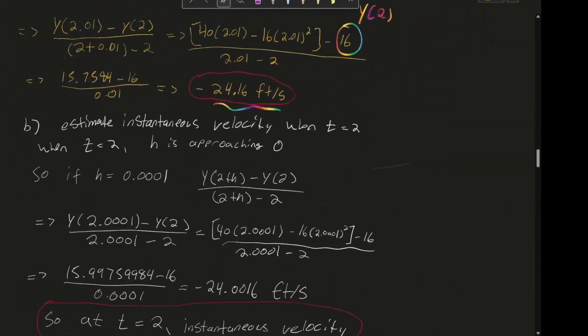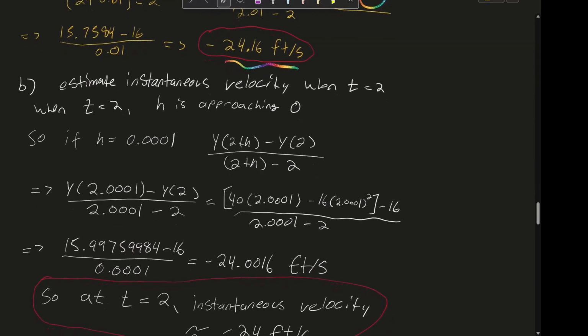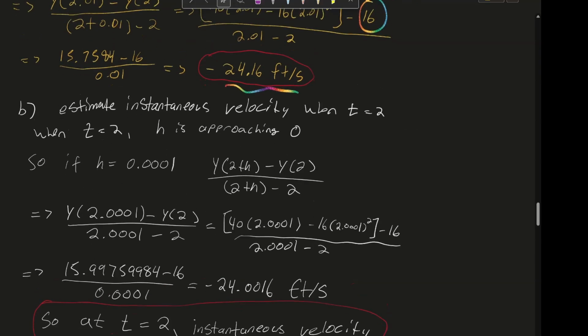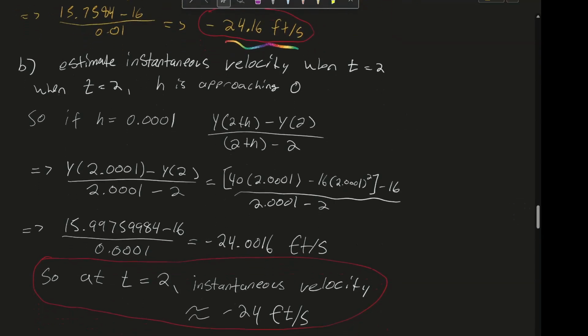Now, part B was asking to estimate the instantaneous velocity when t equals 2. So, when t equals 2, h is approaching 0. If you pick an h sufficiently small that it is really close to the function at 2, I chose 0.0001.